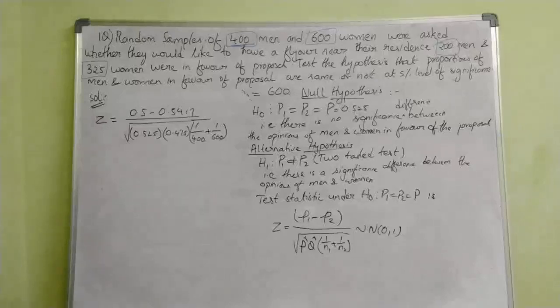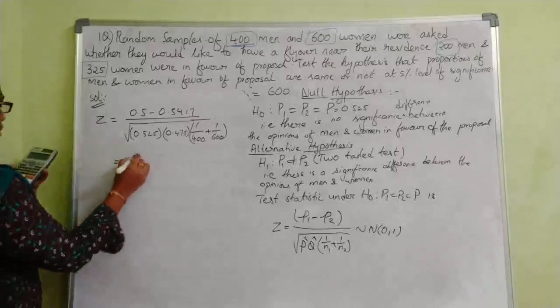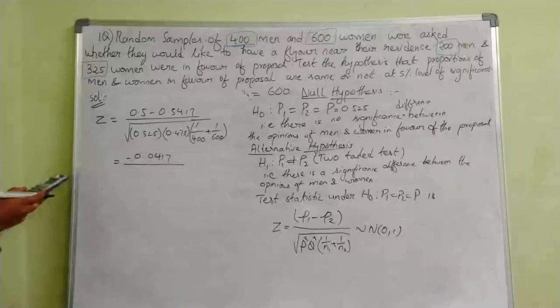So 0.5 minus 0.5417 is minus 0.0417, divided by 0.525 into 0.475.